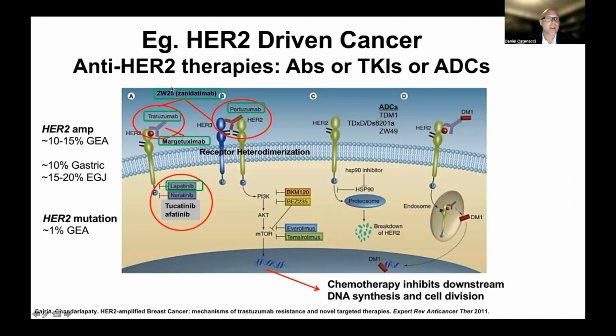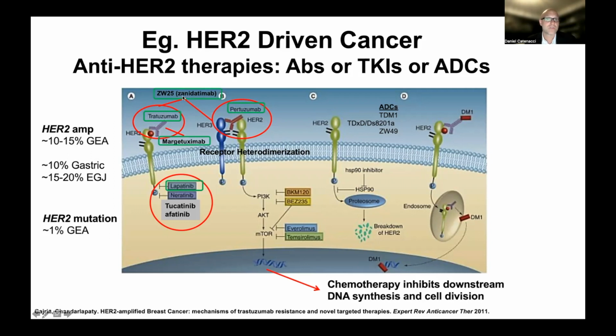And then we're going to talk about ZW25, or known as zanidatamab, which is a bivalent antibody that binds to both the epitope or the spot that trastuzumab binds, as well as the epitope that pertuzumab binds, all in one molecule.